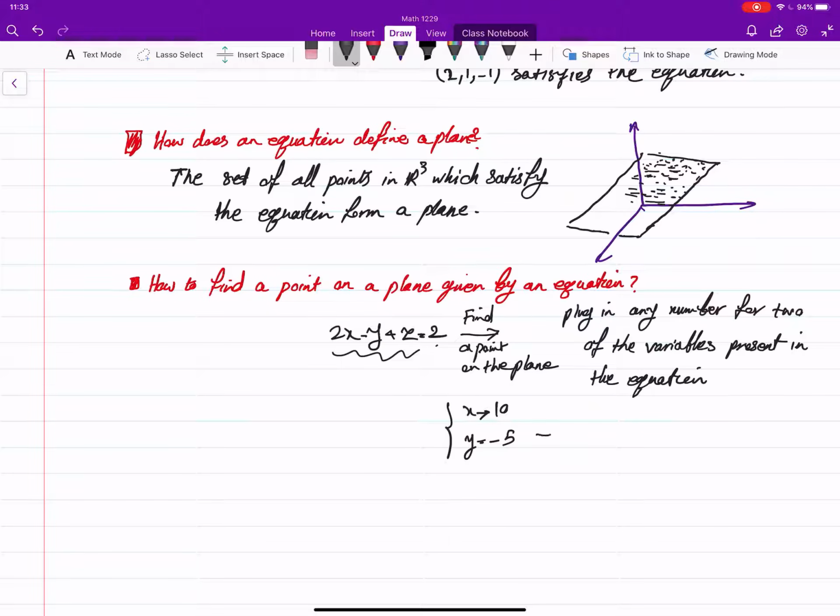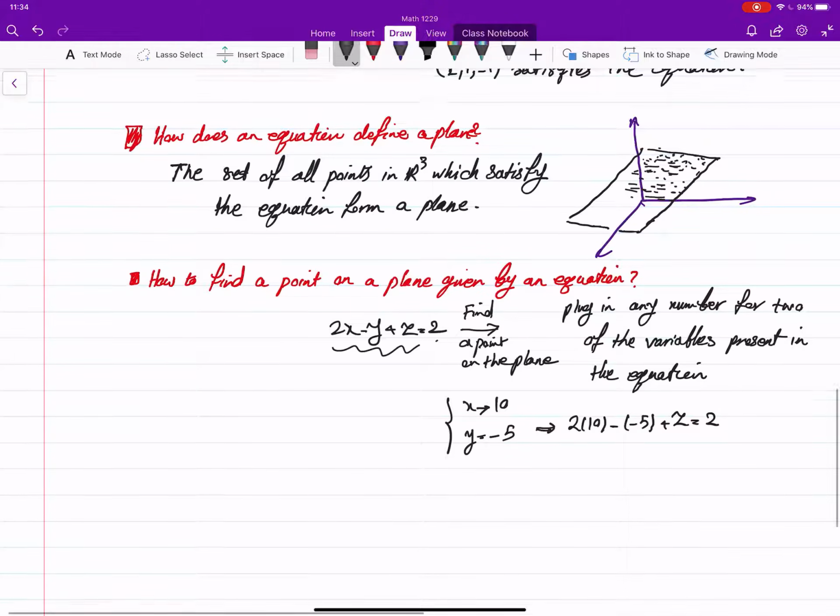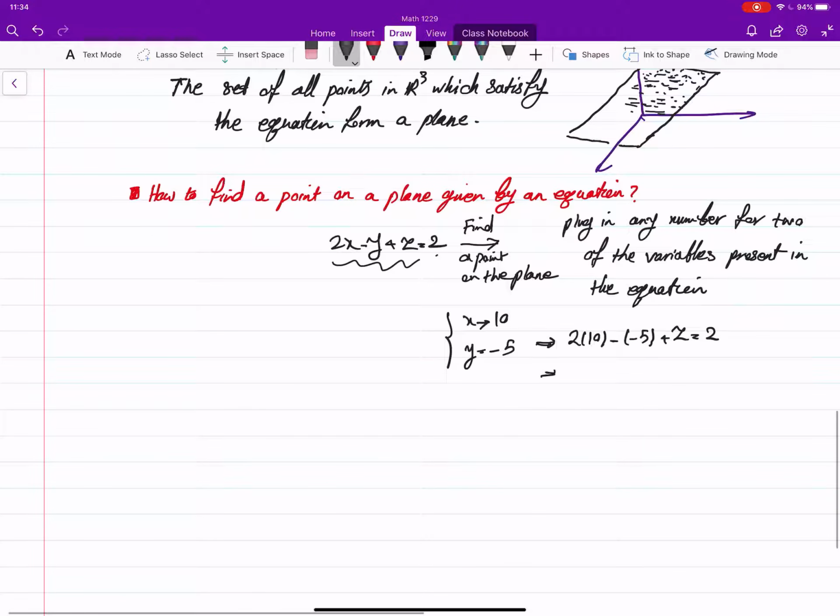Then you plug these into the equation. You will get 2 times 10 minus negative 5 plus z is equal to 2. Then you see that there will be an equation for the third variable. Here in this case, z: 20 plus 5 plus z is equal to 2. That means that z equals 2 minus 25, which is negative 23.